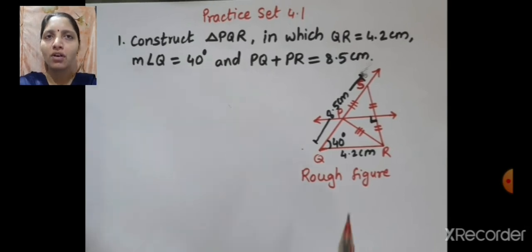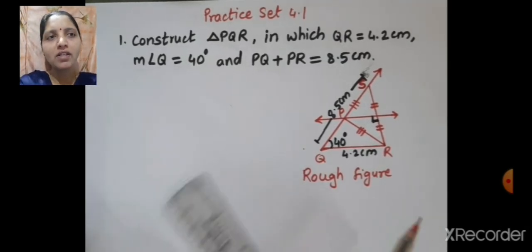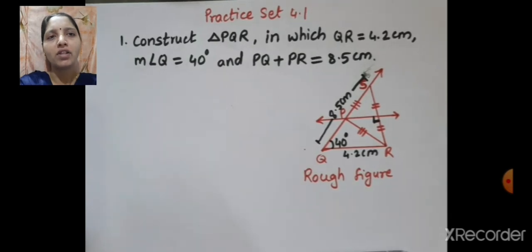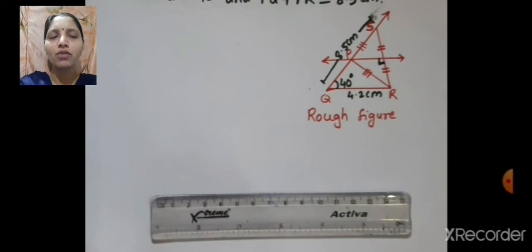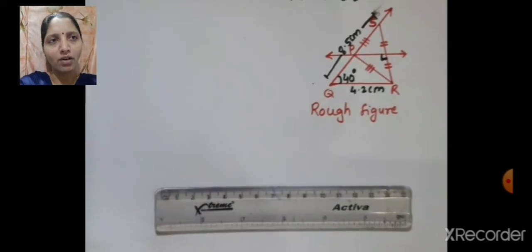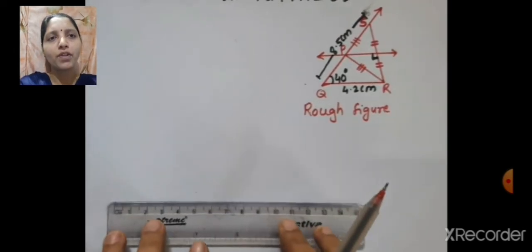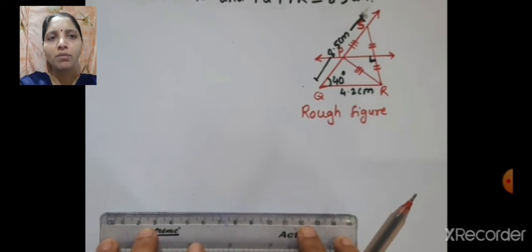First you have to draw the rough figure of approximate distance, and then we will start with the figure. Okay, so here with the help of scale, first you will draw the base QR. Okay, so you will take 4.2 centimeter distance.